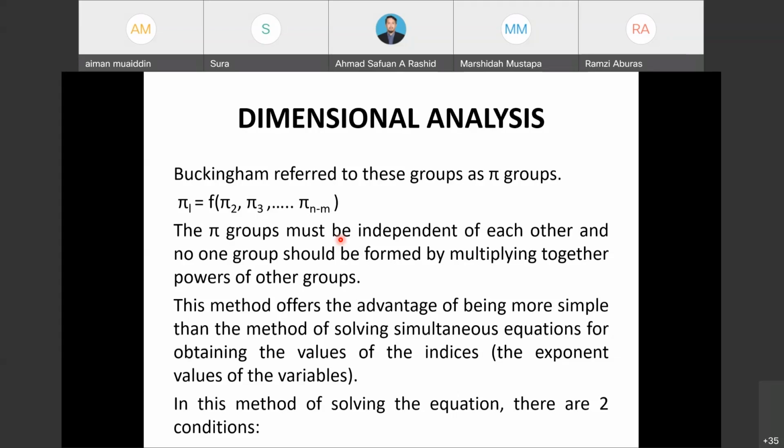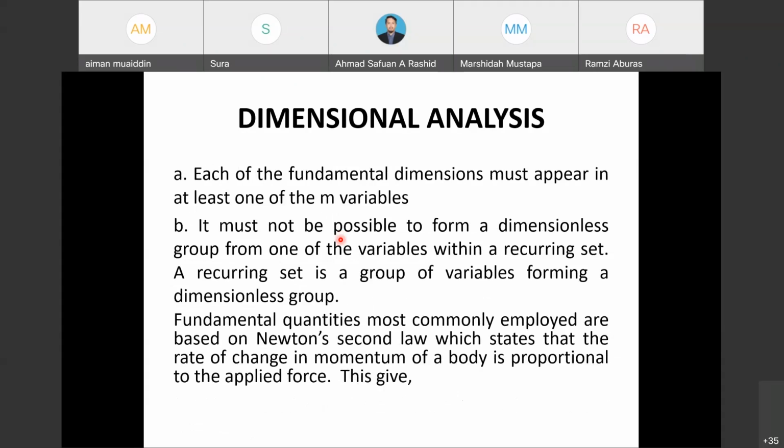So this method offers the advantage of being simpler than the method of solving simultaneous equations for obtaining the values of the indices. That means this method is easier compared to the other approach, solving simultaneous equations. In this method, there are 2 conditions. Each of the fundamental dimensions must appear in at least one of the m variables.